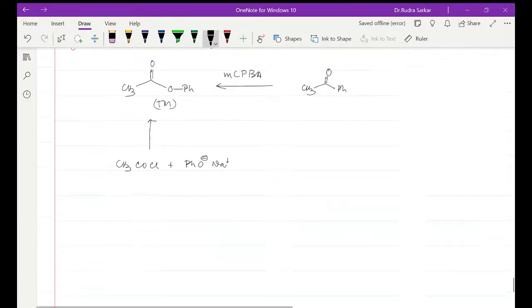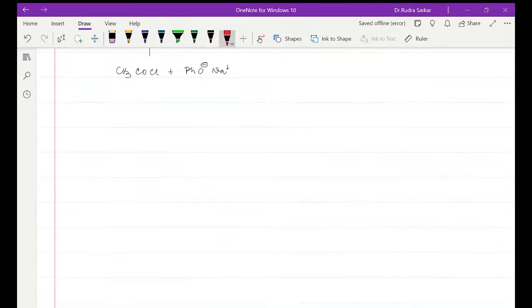Now in the next section we will be discussing the retrosynthesis of lactones. Now what are lactones?